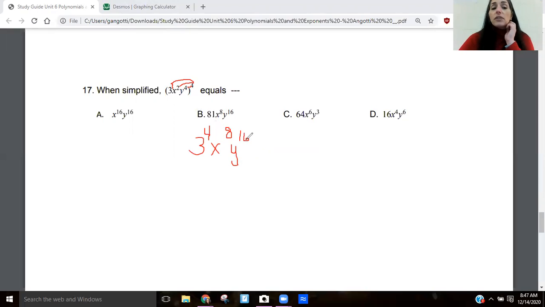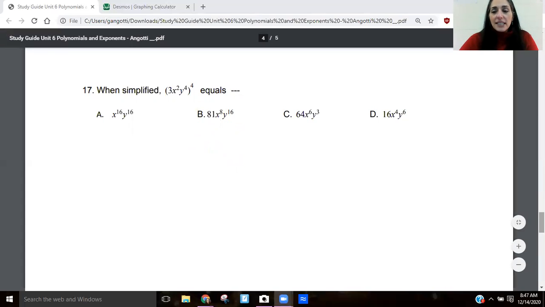So 3 to the 4th, 3 times 3 times 3 times 3. We've had that one earlier. I do believe it is choice B. That's not too bad. All right, I'll clear these and move on to number 18.